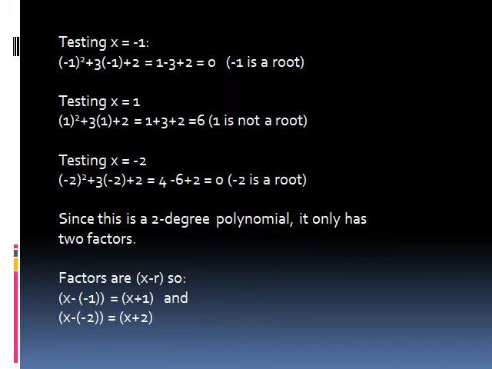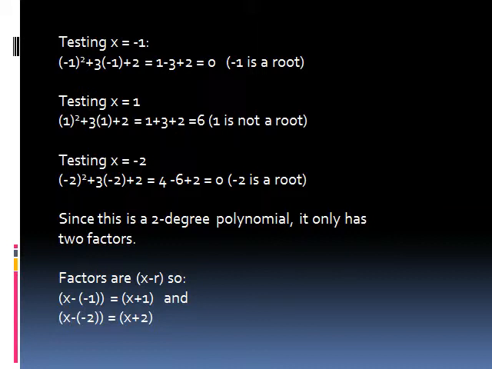So therefore, minus 1 is a root. Now let's check for when x equals 1. When we put it into this equation, it is 1 squared plus 3 times 1 plus 2, which equals 1 plus 3 plus 2, which equals 6. Since it is not 0, 1 is not a root.